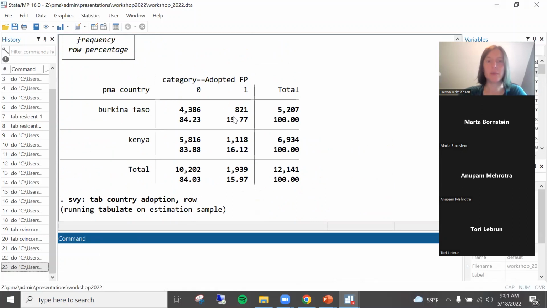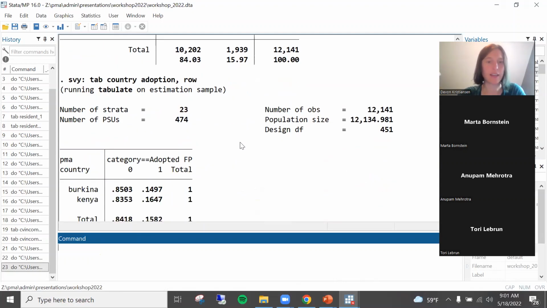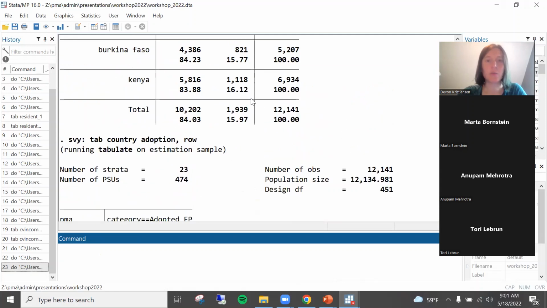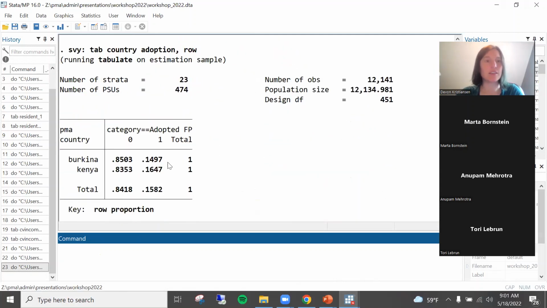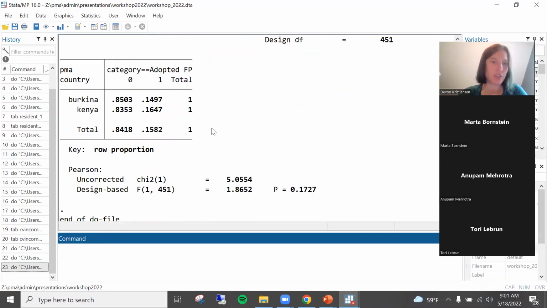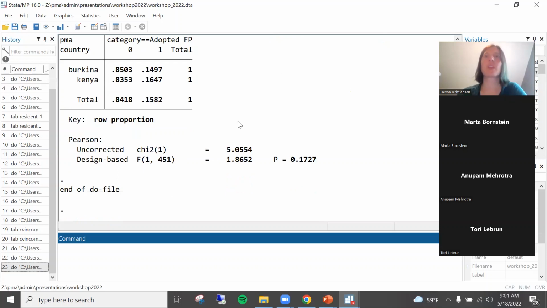So in the non-weighted, we have 15.77% of this grouping in Burkina Faso adopted and 16.12% in Kenya. As you can see, there was an oversampling of women who adopted in Burkina, and a little bit of an undersampling in Kenya. So we have a bit of a difference, not wildly different, but still corrected for attrition and those other features that those weights control for.